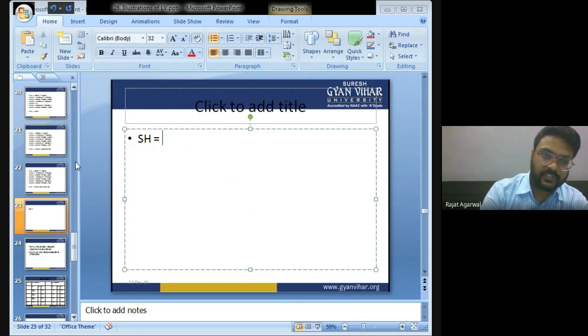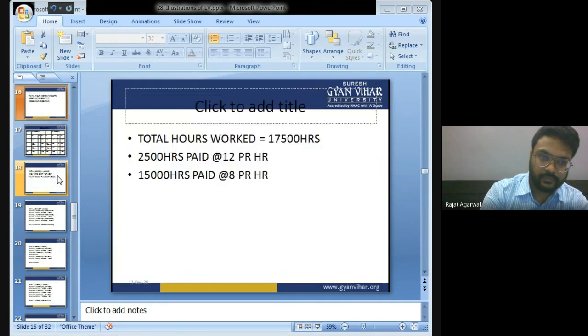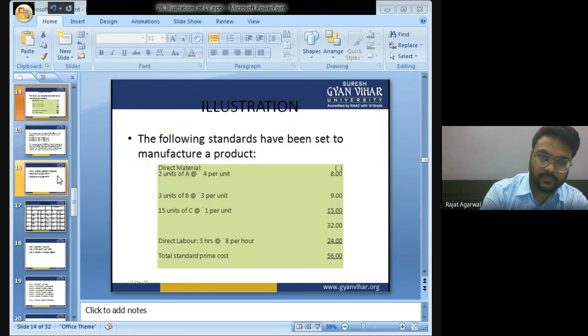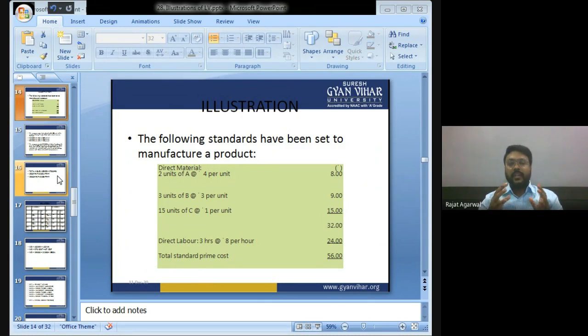Standard hour. Let us see. As per standard, 3 hours are consumed to make a finished product. Then how many hours will be required to make 6,000 units of finished product?